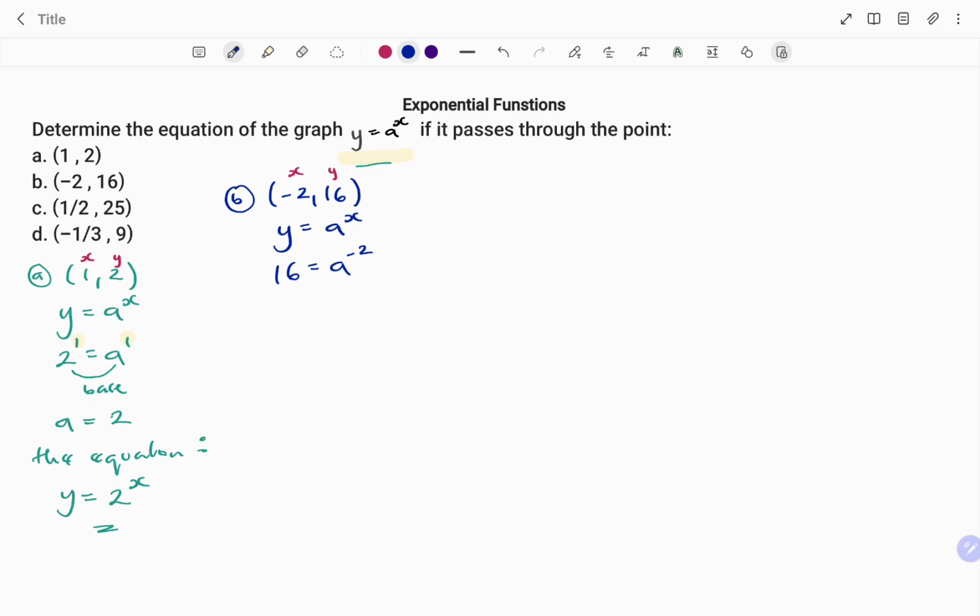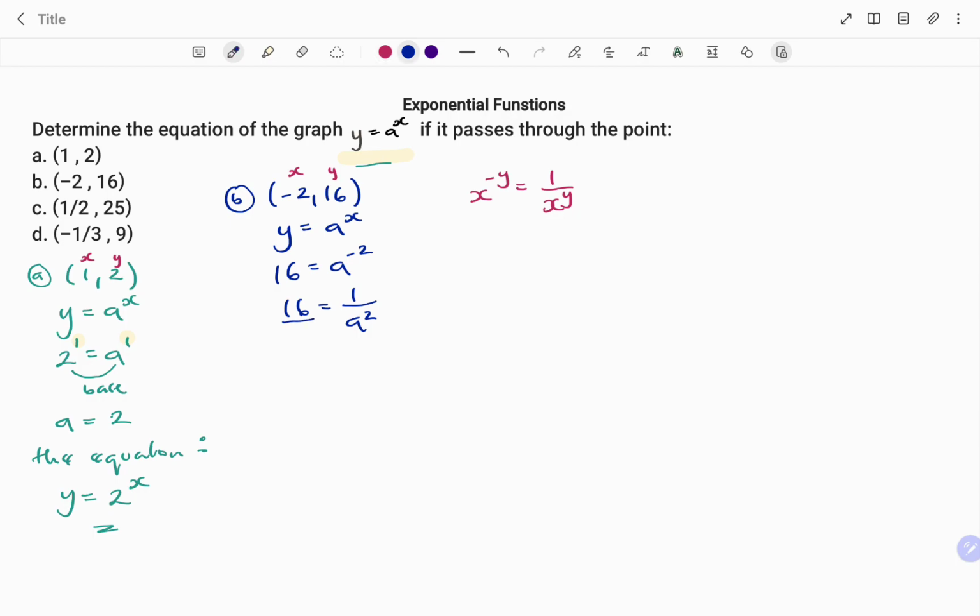I'm going to change my negative exponent to positive. That will be 16 equals 1 over a to the power of positive 2. Note that to make a negative exponent positive, if we have x to the power of -y, that will be 1 over x to the power of positive y.